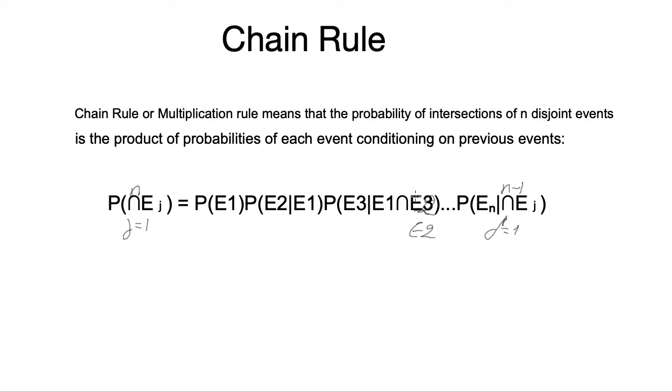So this is the chain rule or the multiplication rule, and it is useful in probability theory, and you will see it a lot.